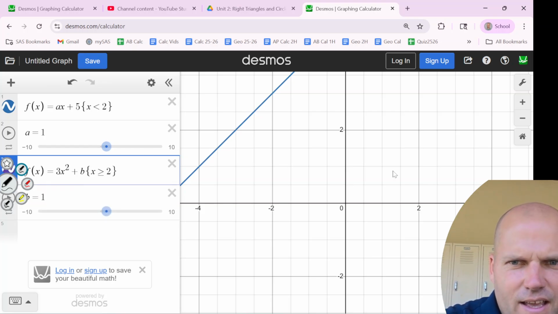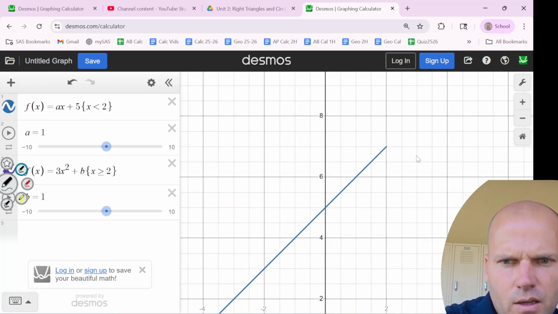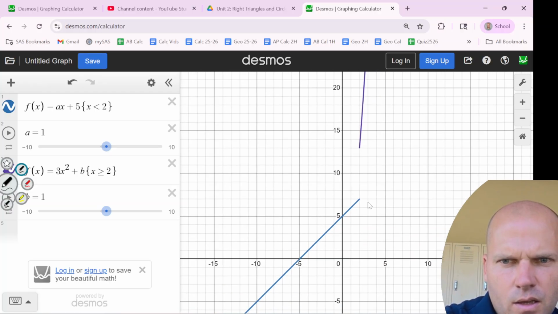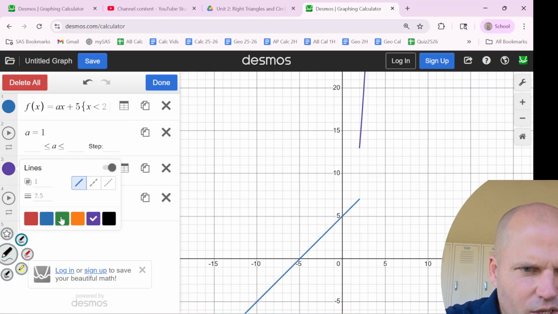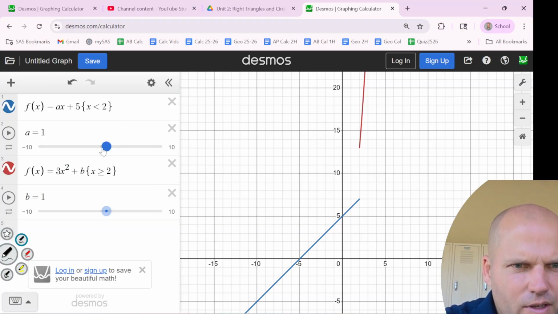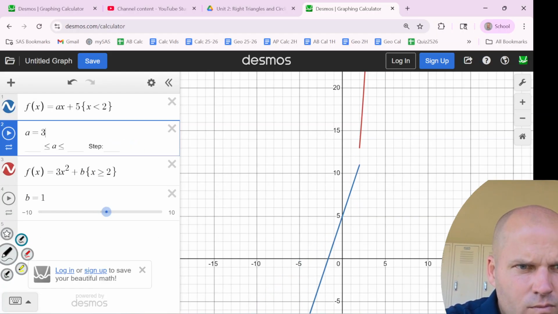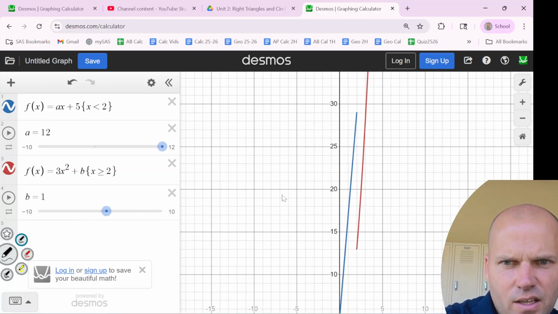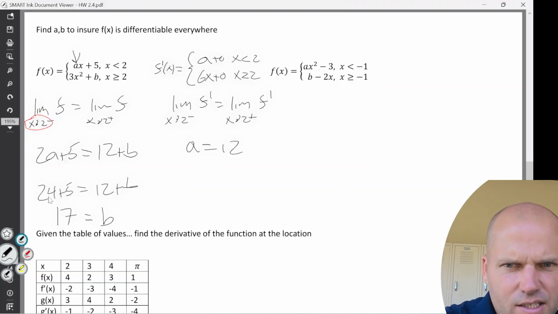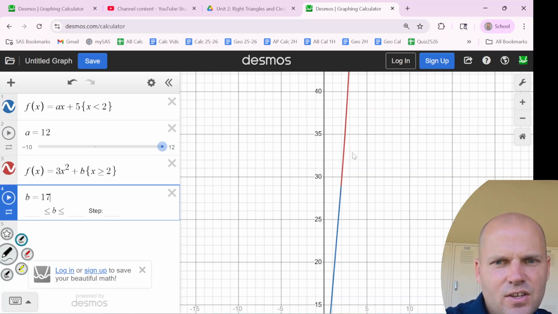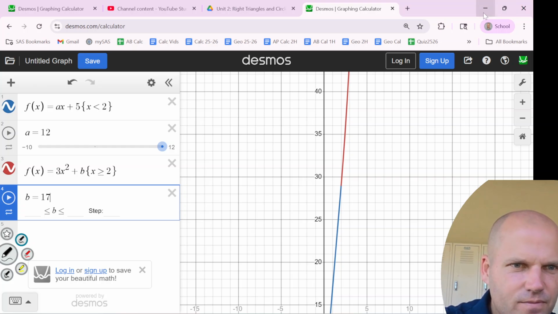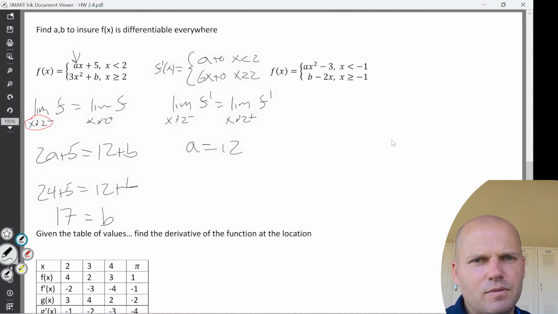We need these two pieces to connect. If a is 12, I shift this line. If b is 17, I shift this line so that they connect smoothly. It's beautiful. It's really nice seeing that.